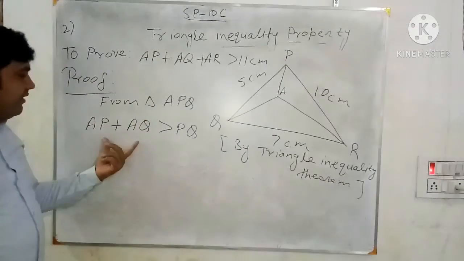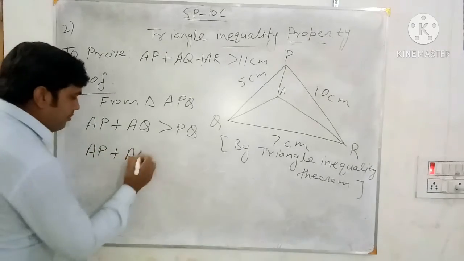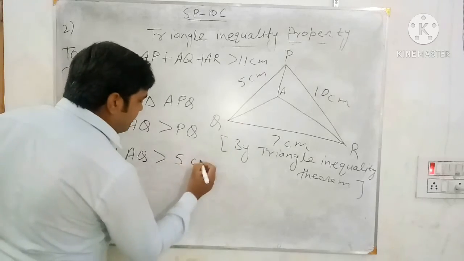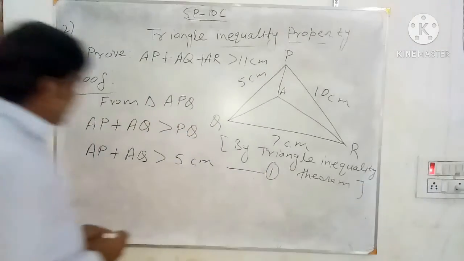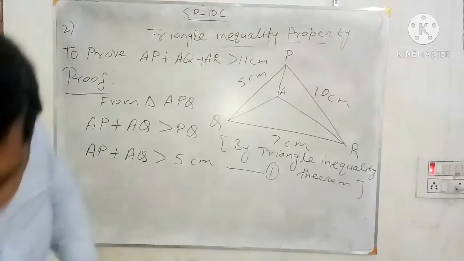So here the two sides taken are AP plus AQ, and AP plus AQ must be greater than the length of PQ, which is given as 5 centimeter. That is equation 1.